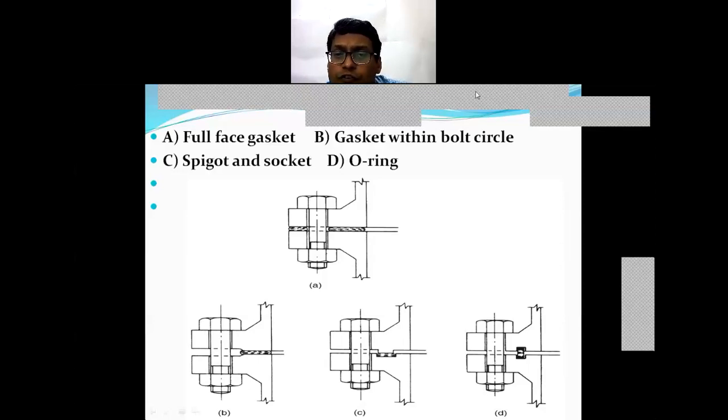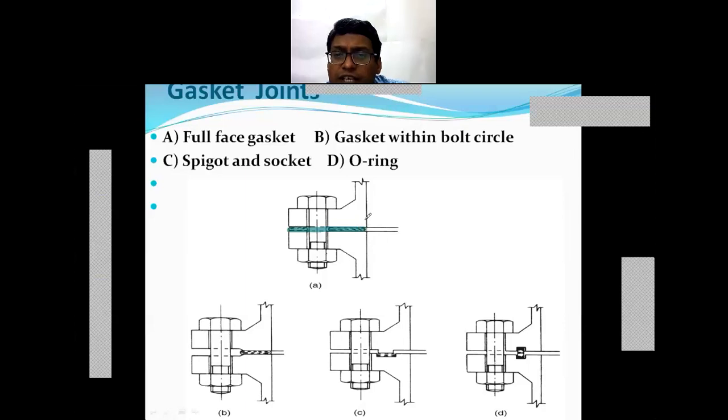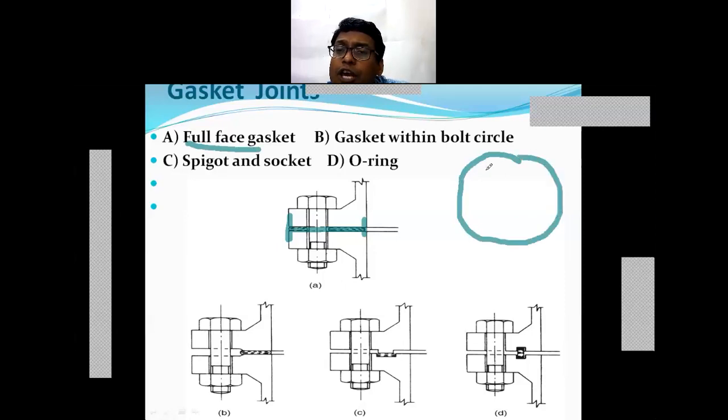The complete face of the flange is provided with a gasket, and that is why it is called a full face gasket. In this full face gasket, the bolting area will also be available, so it is compulsory to provide the bolting area.